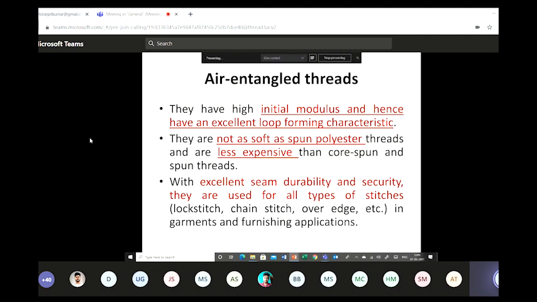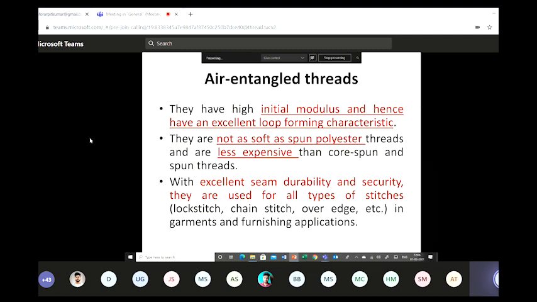The bending rigidity of any material is related to two things: the elastic modulus or initial modulus E, multiplied by the area moment of inertia.